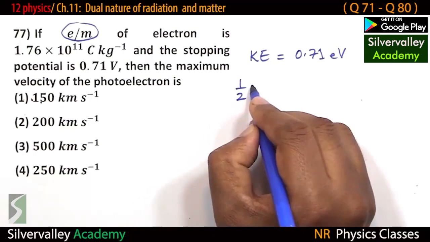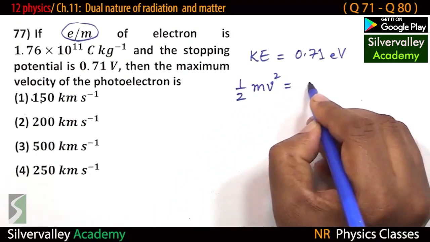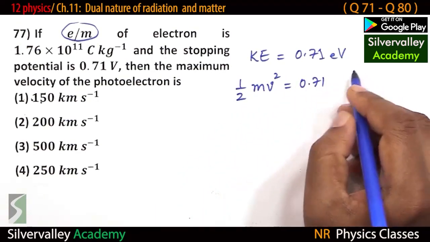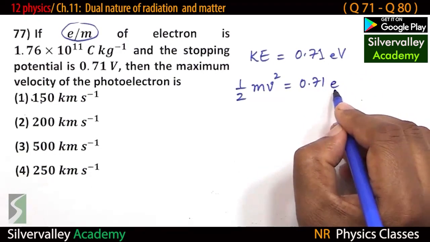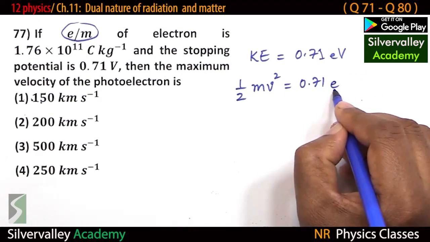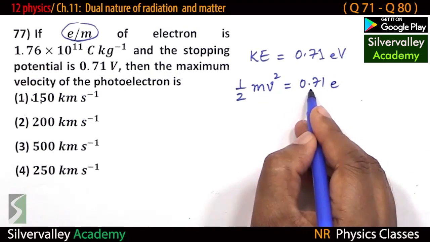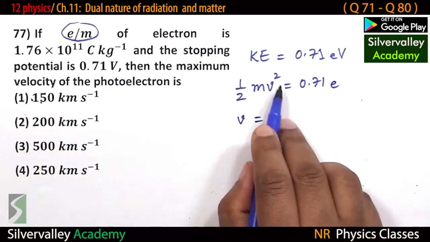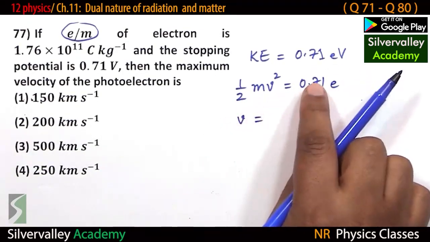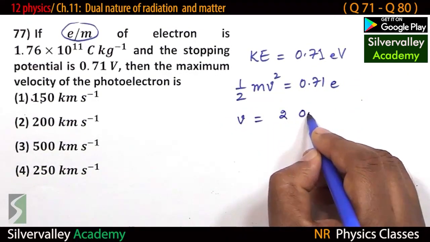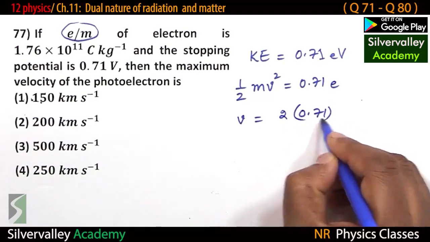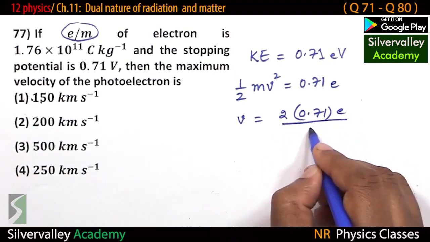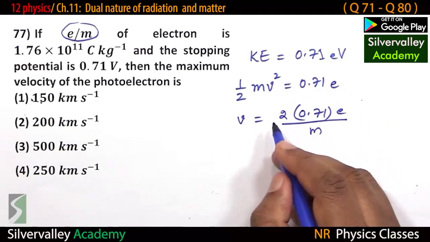Kinetic energy is half m v square, which is the charge of the electron times the stopping potential, 0.71. Therefore v equals, taking 2 to this side, the square root of 2 times 0.71 e divided by mass.